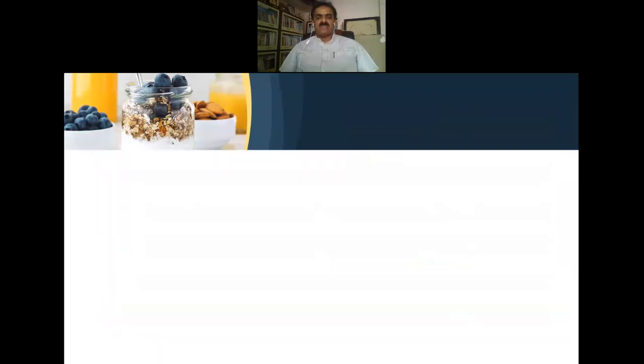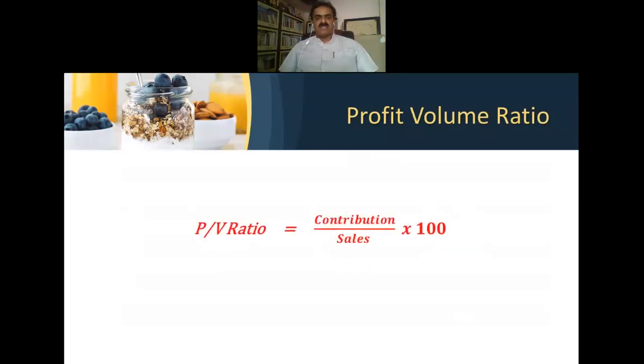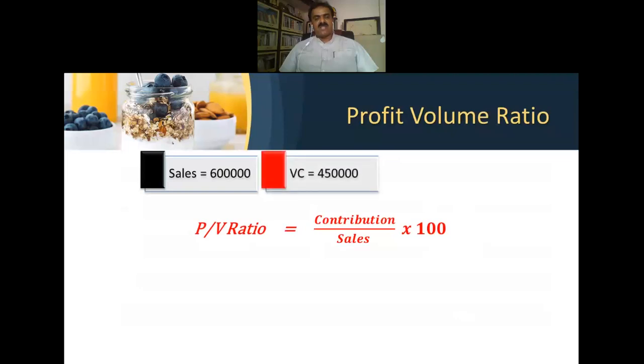First and foremost, the PV ratio, profit volume ratio. The formula for calculating PV ratio is C by S into 100, contribution divided by sales into 100. You know that in this problem, while preparing the marginal cost statement, our sales were 6 lakh rupees and our variable cost was 4.5 lakh rupees.